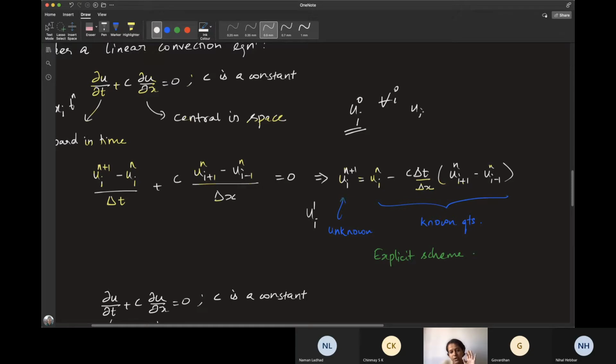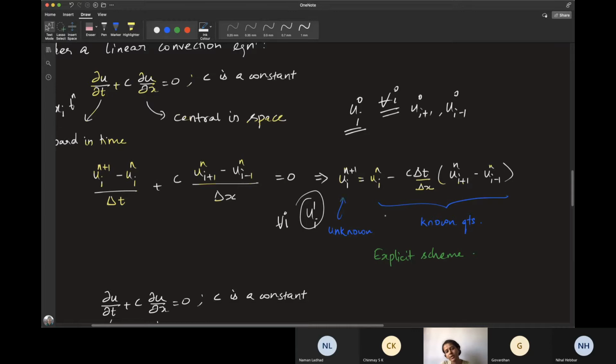So you'll always know ui plus 1 0 and ui minus 1 0 also, since it's for all i. So for all the points in the domain, you'll know what the value will be at the initial time. So from that, you can evaluate this quantity ui1 at all points, again for all i. Now at all points in the domain, using this equation, you can find ui1.